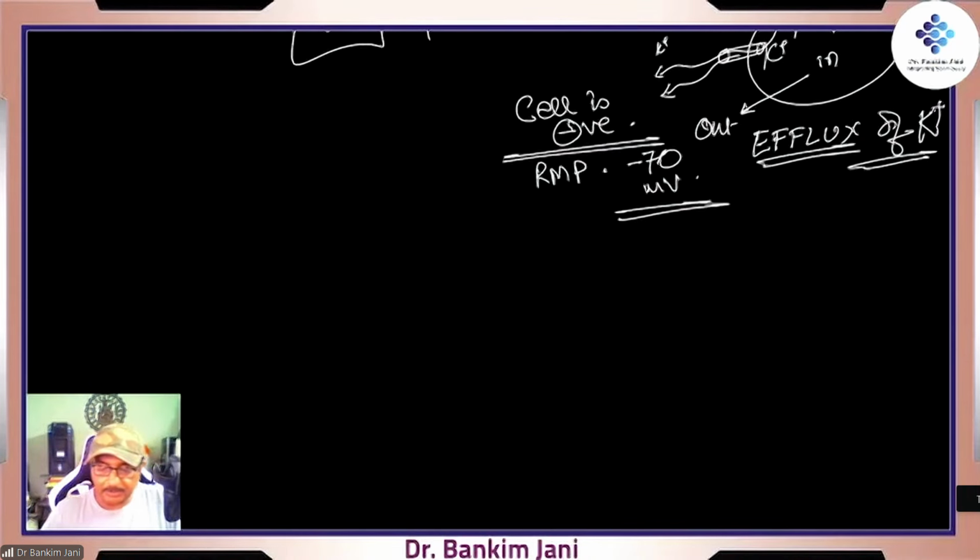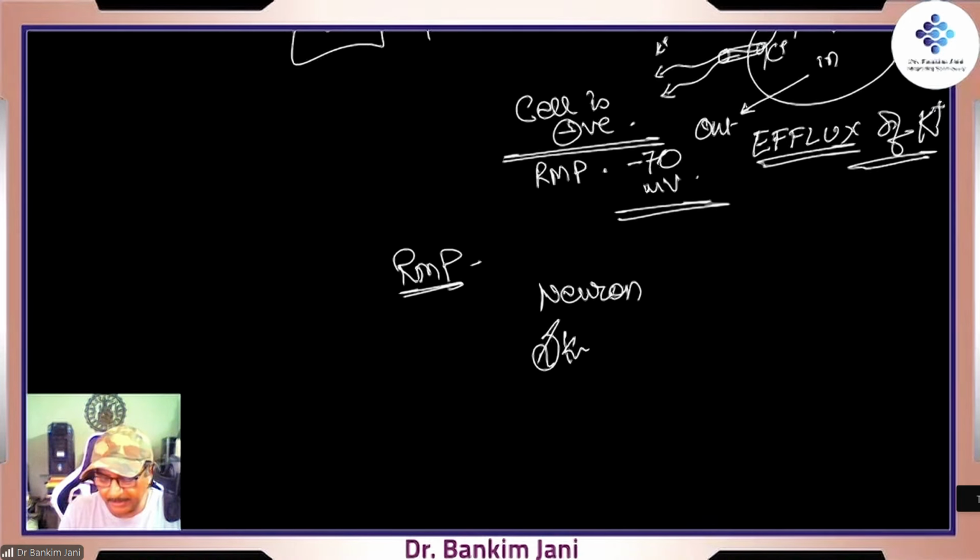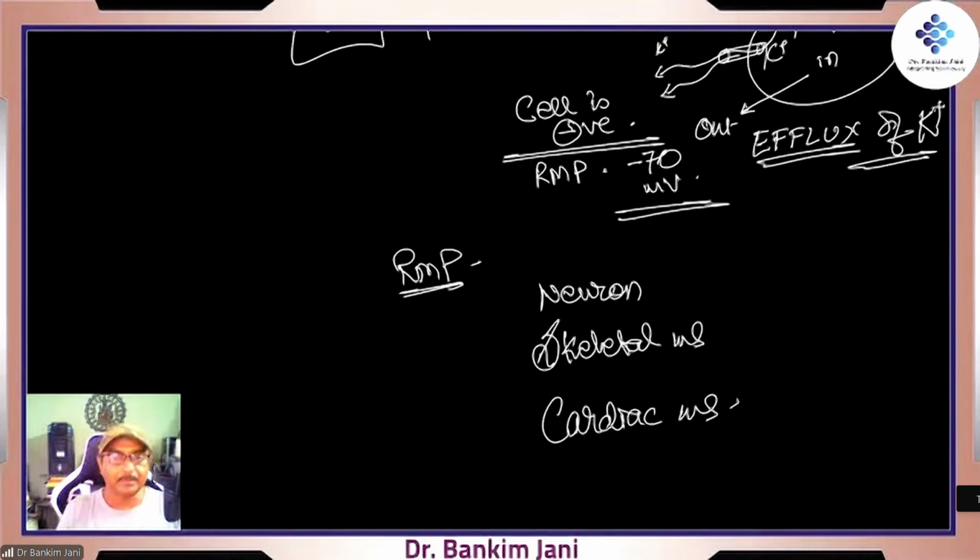The resting membrane potential varies from tissue to tissue. Very grossly, when we talk about these three, the neuron, skeletal muscles, and the cardiac muscles: in neurons it is about minus 70 millivolts, and in cardiac and skeletal muscle it is about minus 90 millivolts.